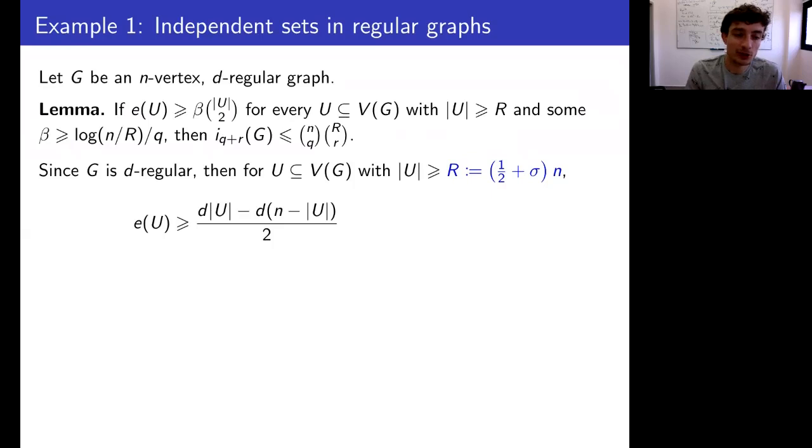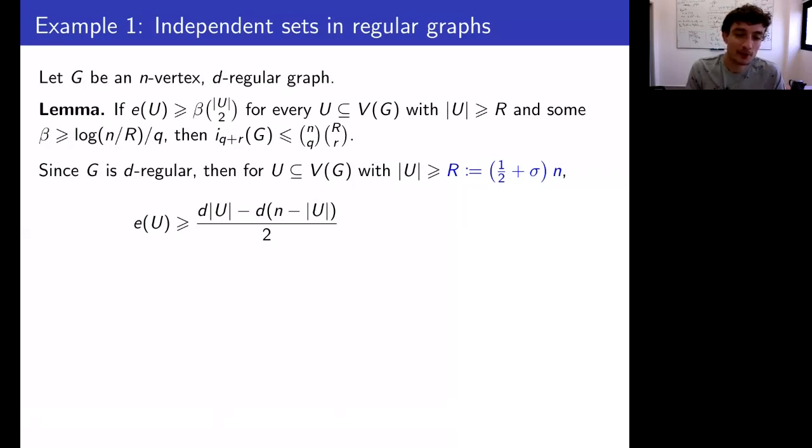So there are d times |U| endpoints of edges that start in the set U. In the worst case, the other endpoints of these edges will end up in the complement of U. However, since the graph G is d-regular, the complement of U, which has size n minus |U|, can accept only d times (n minus |U|) endpoints of these edges, d per vertex.